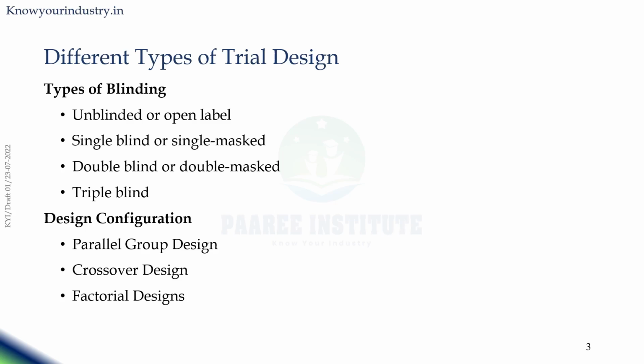One group will be assigned to treatment A, another group will be assigned to treatment B, another group assigned to treatment C. That is called parallel group design. And crossover designs where one subject or one patient will be treated with both treatments or all the treatments. So in a crossover manner, that is called crossover designs. Apart from that, there are factorial designs where there will be multiple administrations of the particular treatments to the same subject at different points of time.